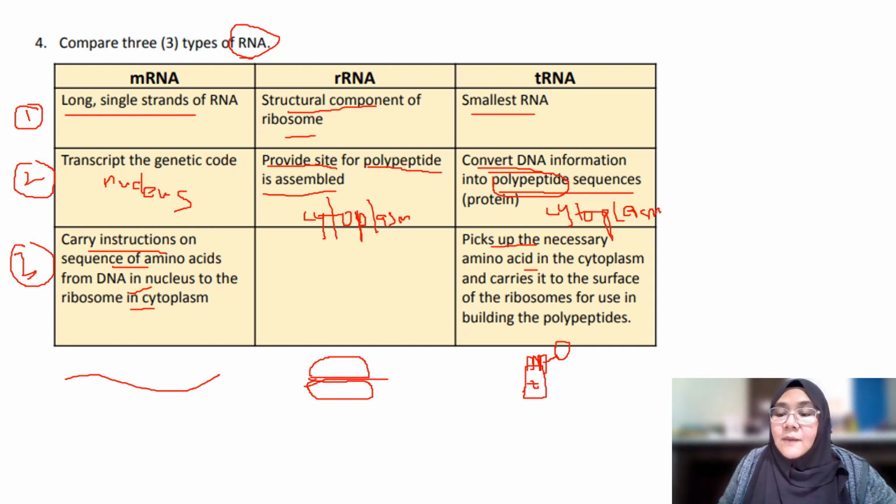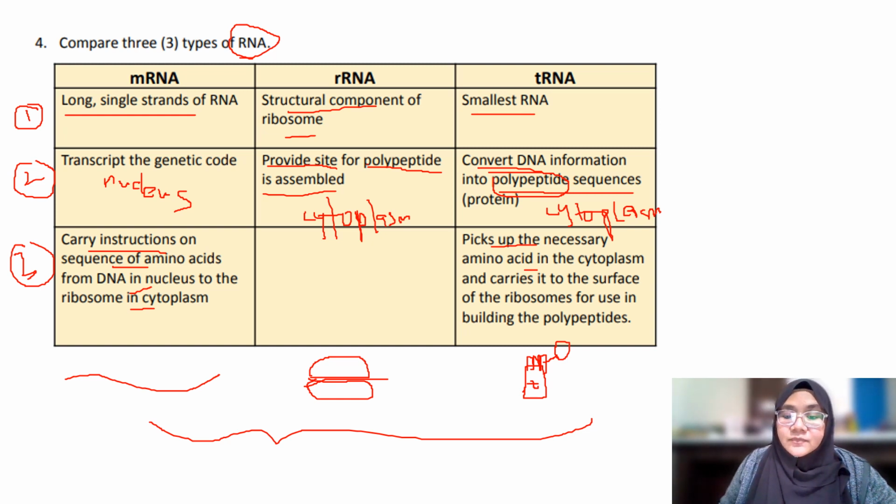Just know their location, their shape, where we can find them, and actually what the importance of these three types of RNAs is in the production of protein. Later we will watch the video. You don't have to memorize or understand in depth the process of transcription and translation. Just know the shape, as mentioned here, and the functions of the RNAs.